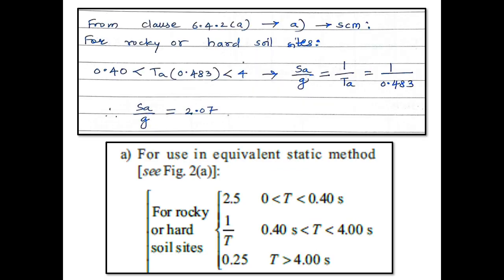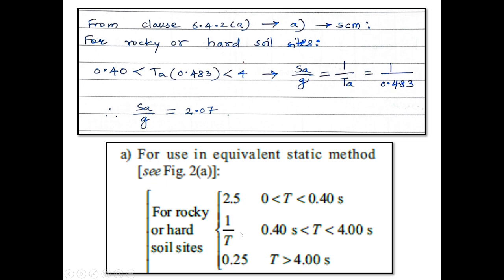Now going further, again from the IS code, clause 6.4.2a says that for use in equivalent static method or seismic coefficient method, for rocky or hard soil sites, when Ta is between 0.4 seconds and 4 seconds, which is our case, because here our Ta is 0.483, we have calculated, then Sa by g is given as 1 by Ta.